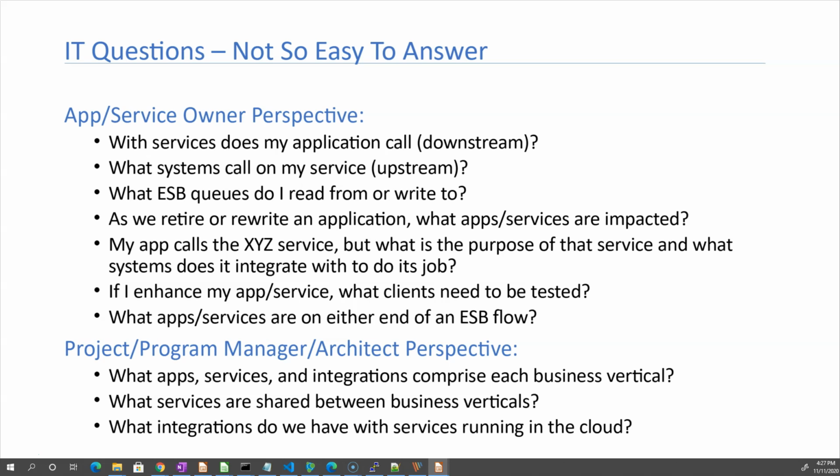And in some cases, some of those assets are shared between those verticals. So understanding how they are shared is important, and which ones are shared is important as well, certainly from a testing perspective. And what integrations do we have with running services on the cloud? Third-party managed services that we may have integrations with.